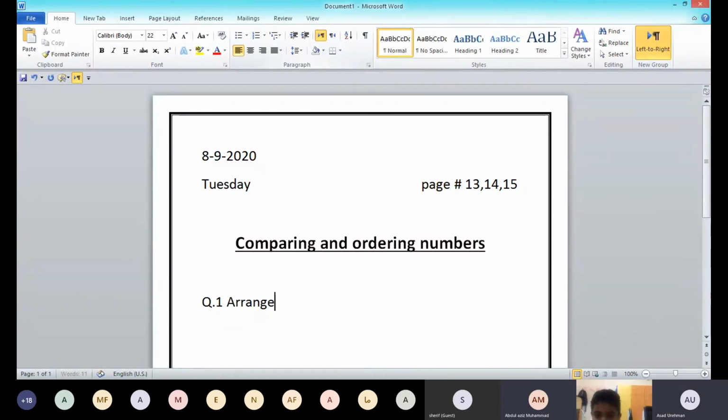Arrange numbers in order. You have to arrange these numbers in order, and first we will begin with greatest.